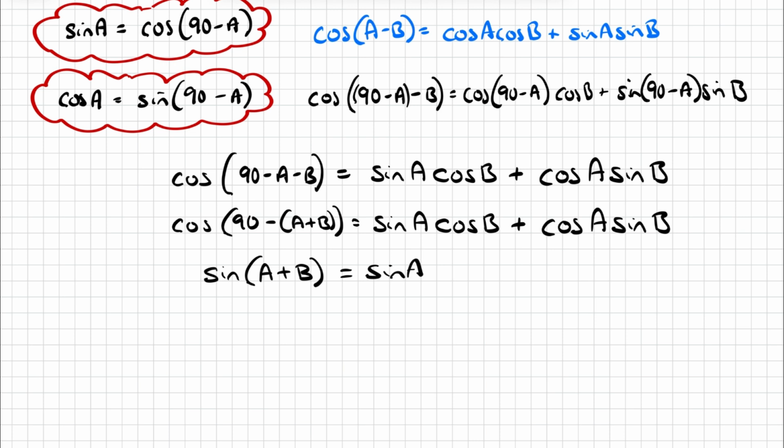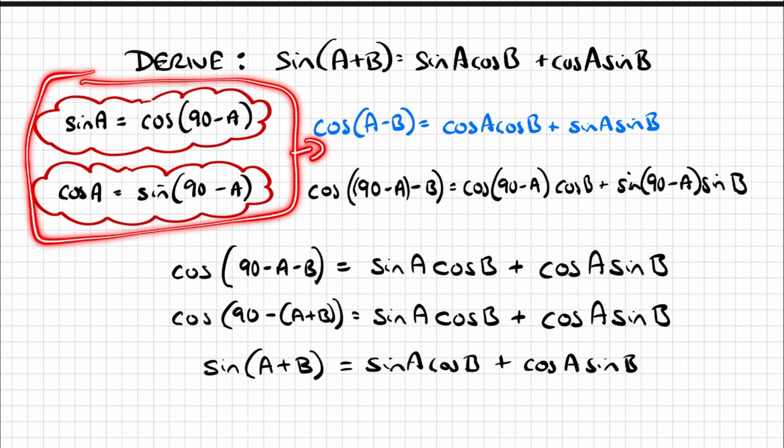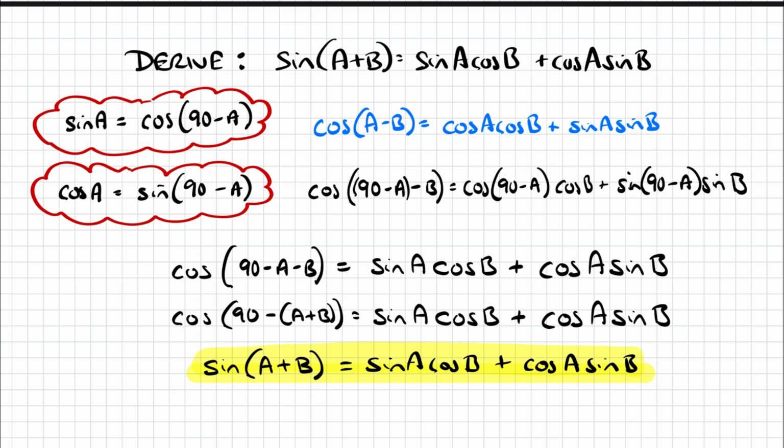It's quite redonkulous, no doubt in that. But realistically, it all comes down to these two little rules and being thrown into your cos A minus B. And that's it there for your derivation of sine of A plus B.